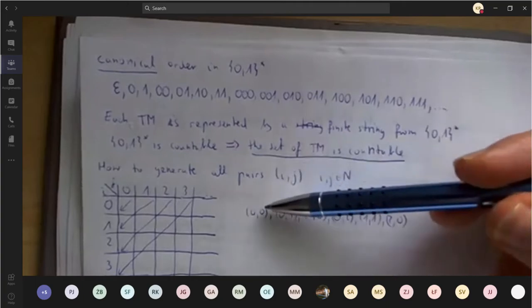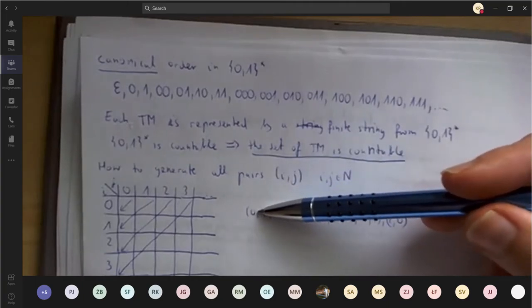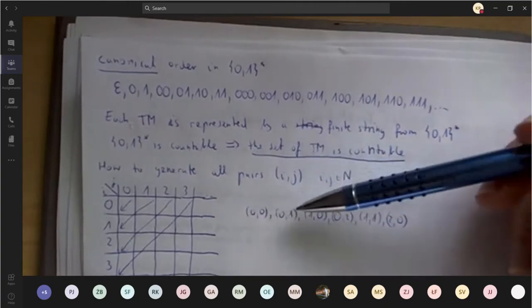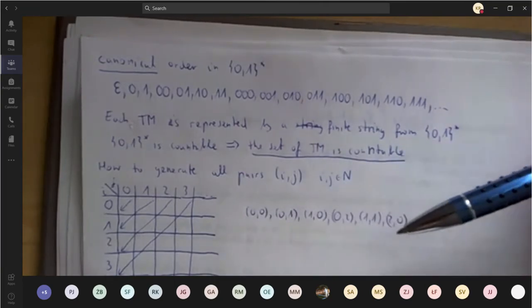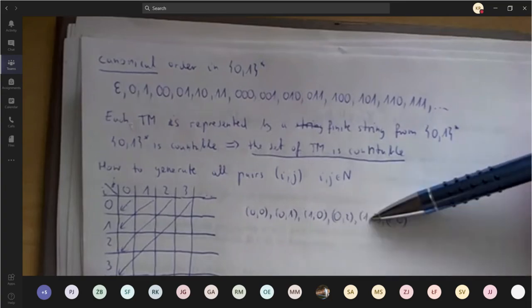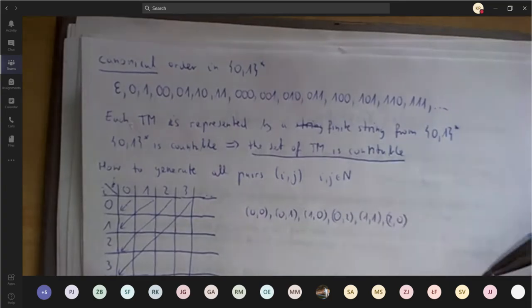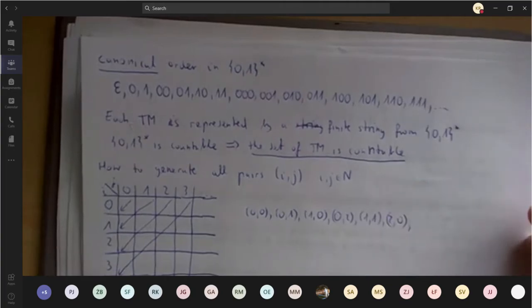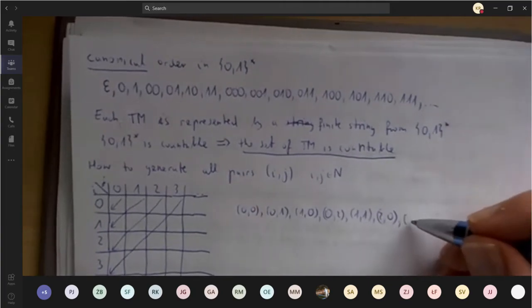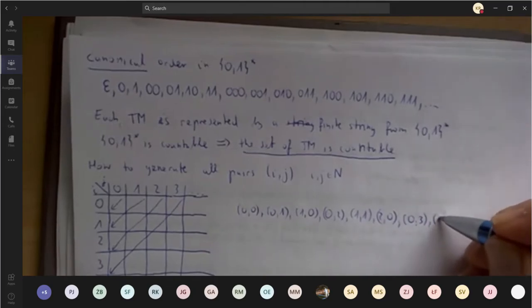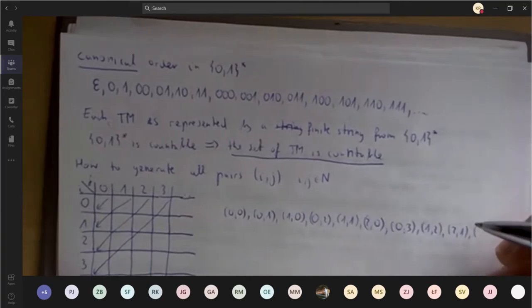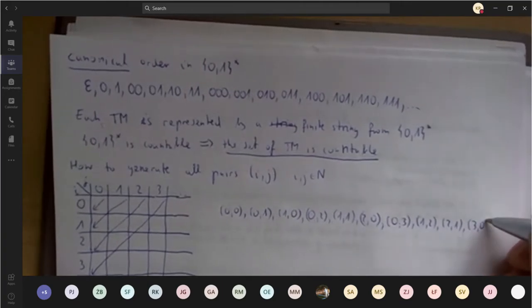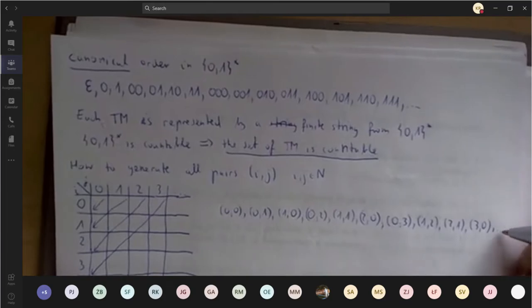So this is the only pair with the sum 0. Next, there are 2 pairs with sum 1. Next, there are 3 pairs with sum of elements 2. Then we will have 4 pairs with sum of elements 3: 0,3, 1,2, 2,1, 3,0, and so on.